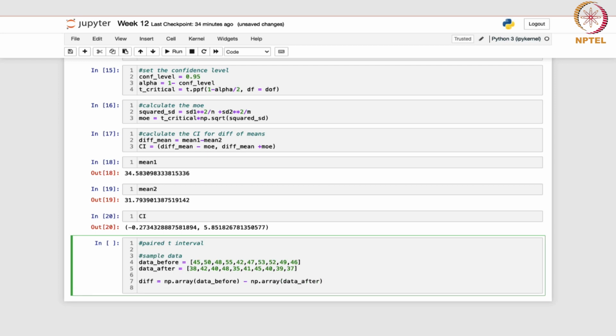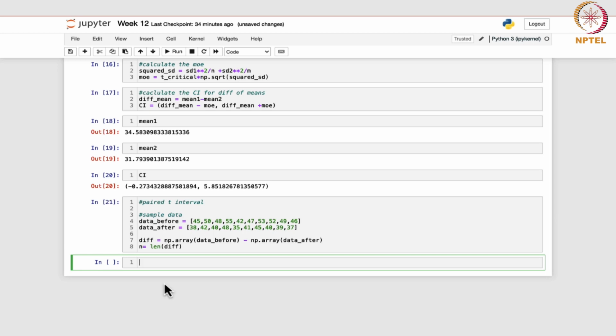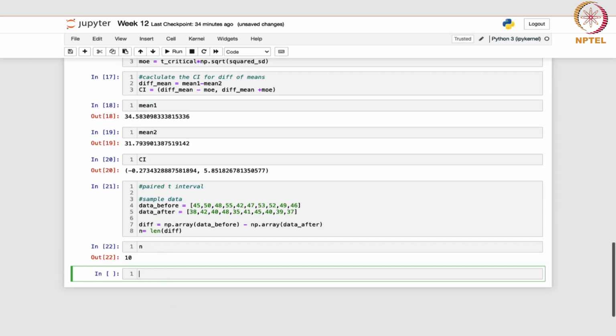So basically it is doing element-wise subtraction of these two arrays, and then storing it in this differences array. Okay, now let us see what is the length. We know that the length of these differences is going to be 10 only. So let me just see what is n. n is 10.